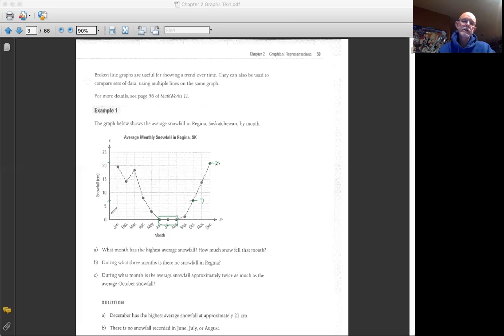Now we go across to the scale, go up the scale to 14 and say, who lives at that address? If I go across, I find that there is one here and there is one here. So in fact, there are 2 months of the year with twice the snowfall as October does.